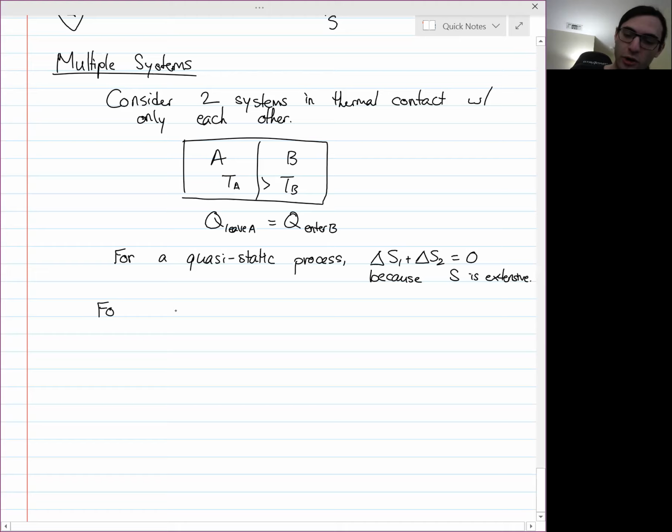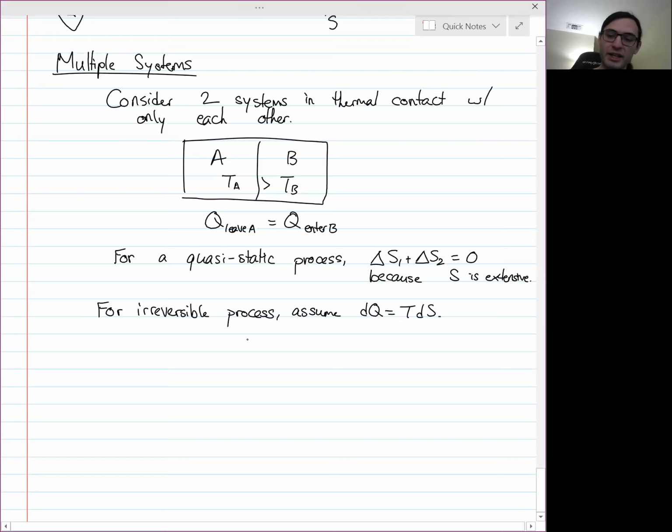For an irreversible process, let's assume that this formula still held, that dq is still equal to T times dS. So let's just assume that that's true.